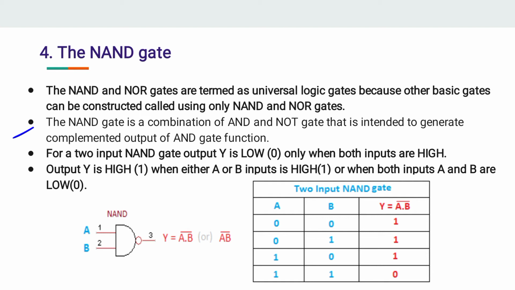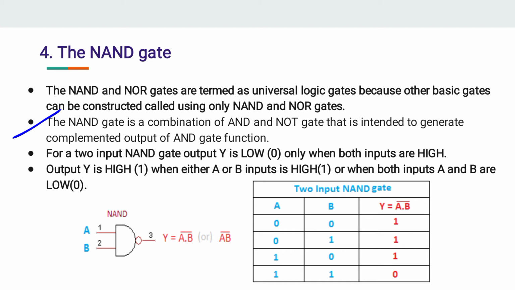So next, what is the NAND gate? The NAND gate is a combination of AND and NOT gate that is intended to generate a complemented output of the AND gate function. The actual concept behind the NOT is that it is a complement of the input, right?